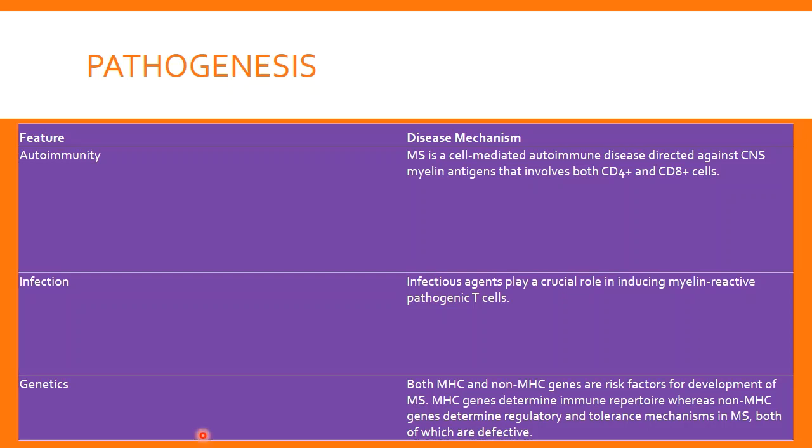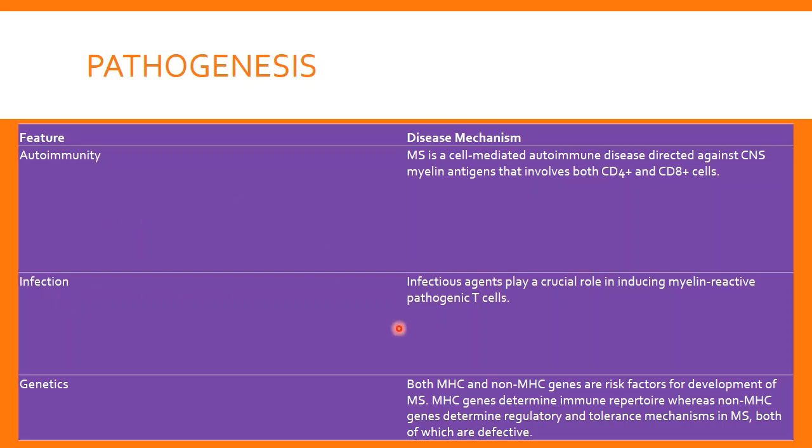So let's move on. Now coming to the pathogenesis of multiple sclerosis. From the pathogenesis perspective, it is important to note that autoimmunity, infections, genetics, and environmental factors have been implicated. Regarding autoimmunity, multiple sclerosis is a cell-mediated autoimmune disease directed against the CNS myelin antigens that involves both the CD4 plus and the CD8 plus T cells. In addition, B cells have also been implicated, and this will be discussed in just a bit.